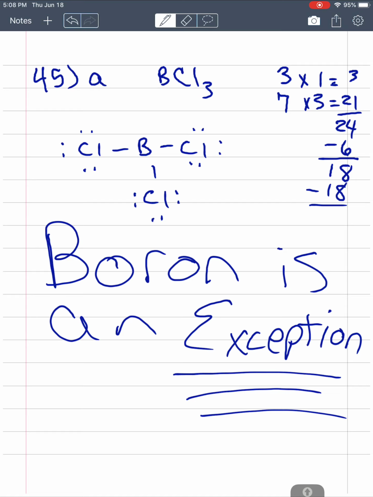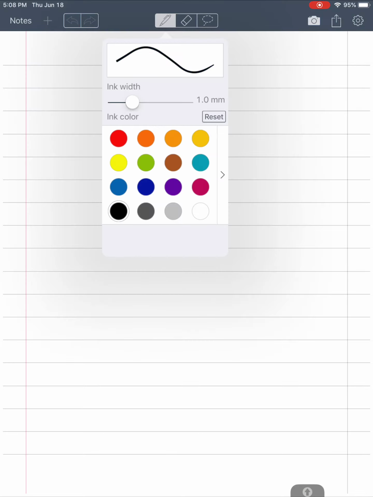It's good. So this structure is all I need for this. All right, so let's take a look at another one.